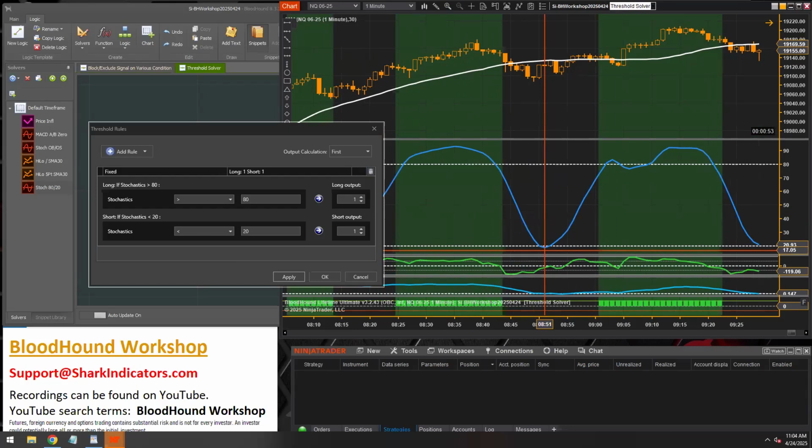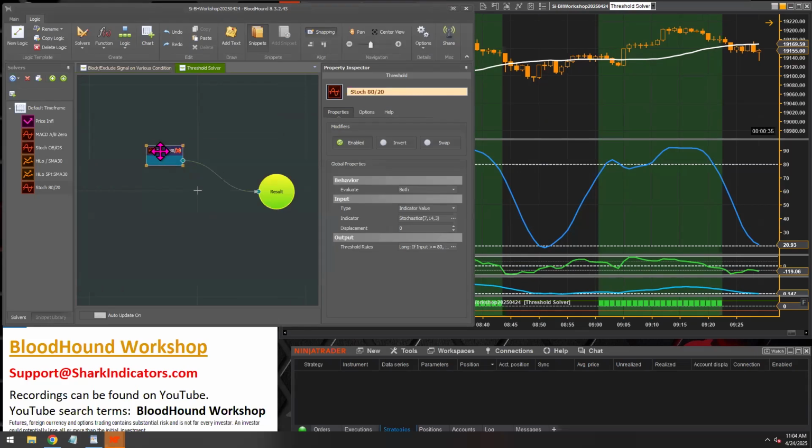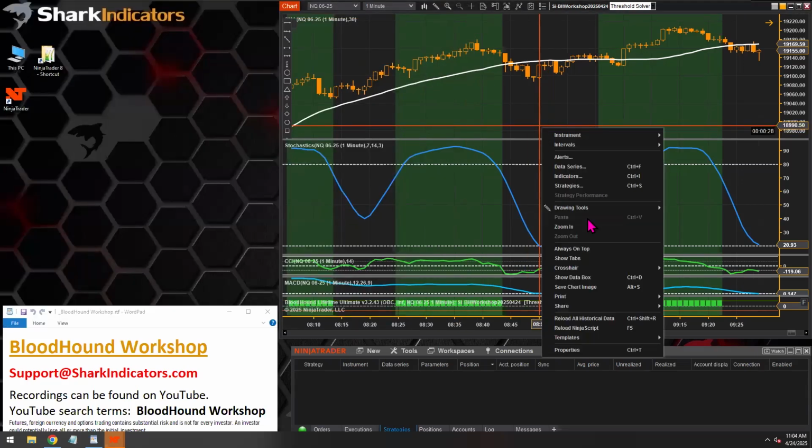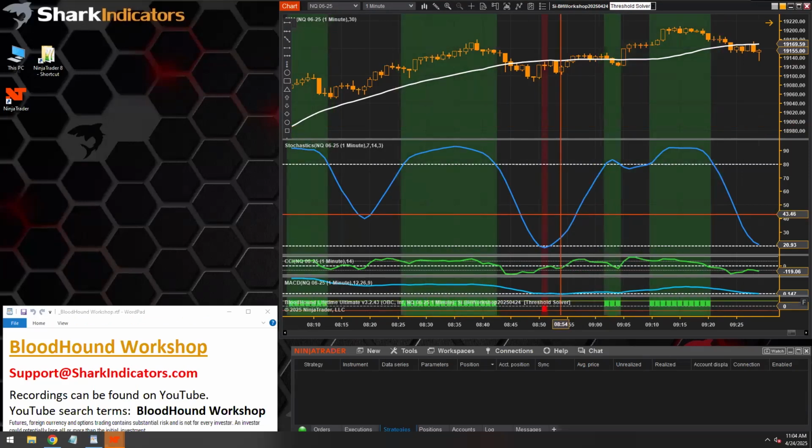And let's see here. It does look like our stochastic is below 20. Let's go ahead and include the equal condition for both of these, like so. All right, let's do a little chart reload. There we go.